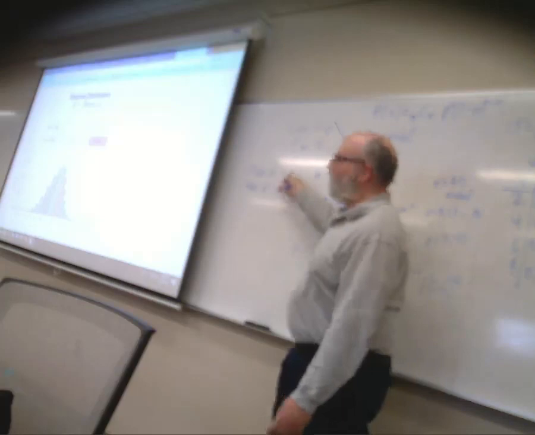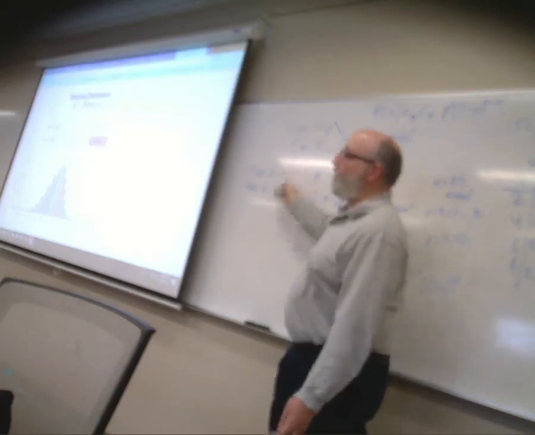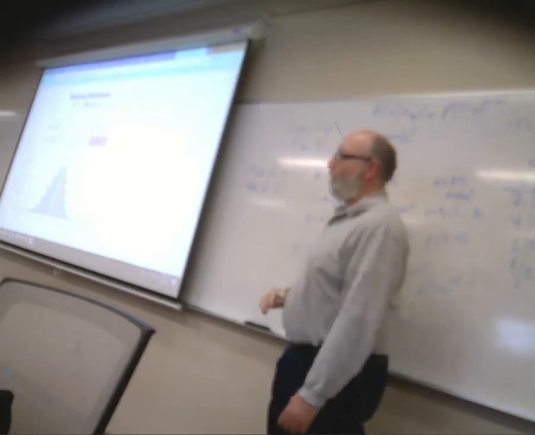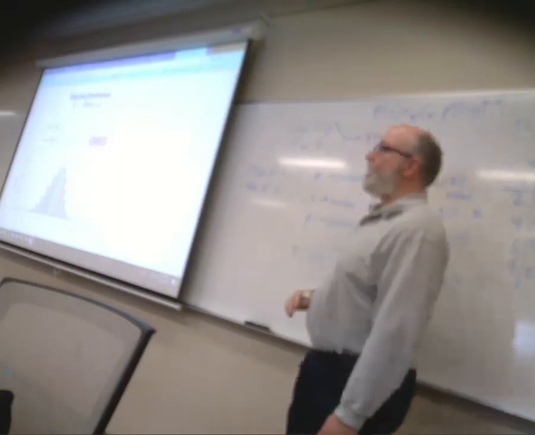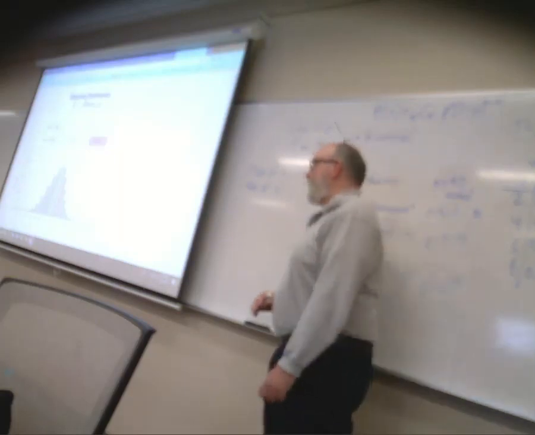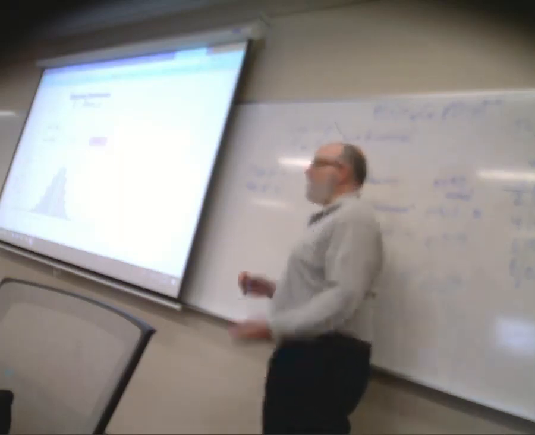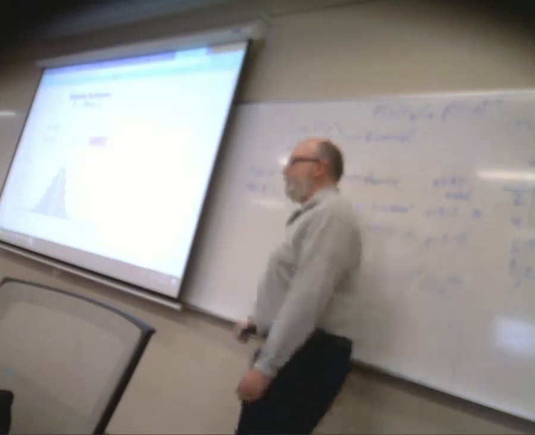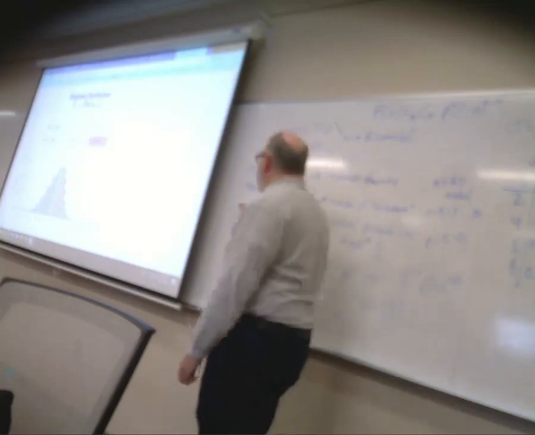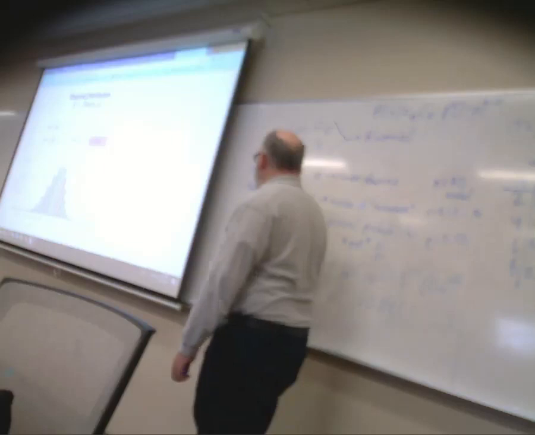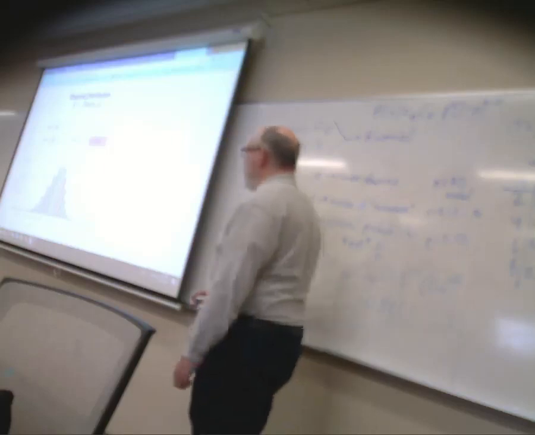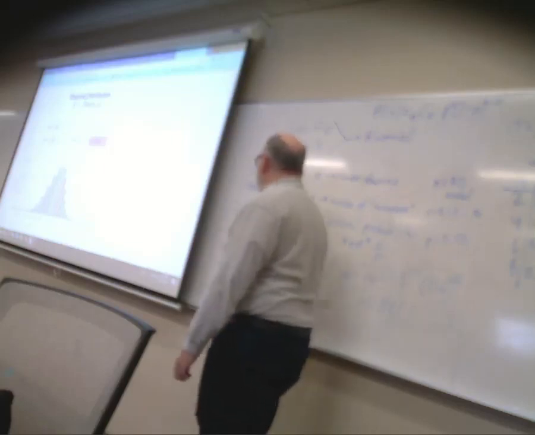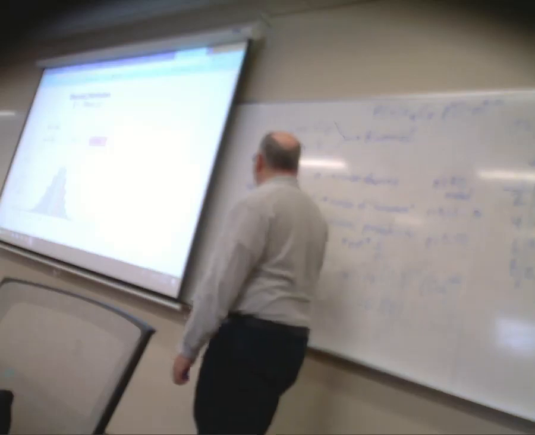How many people out of the 30 said they watched the Super Bowl? That is our data value. Okay? And these are the easiest formulas in statistics. The mean is just n times p.